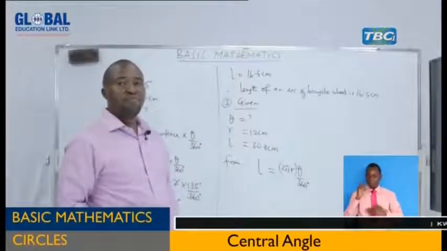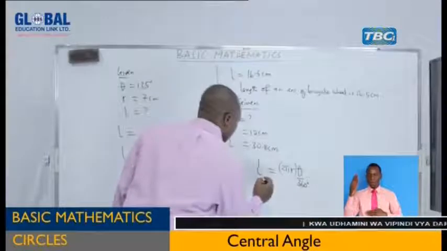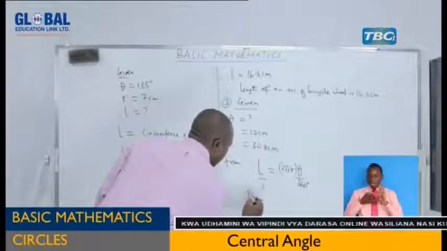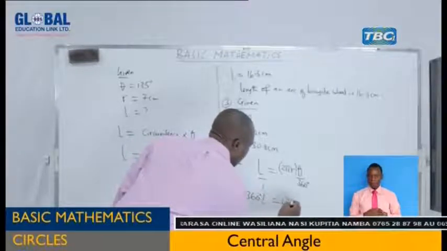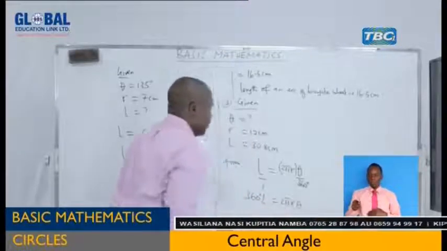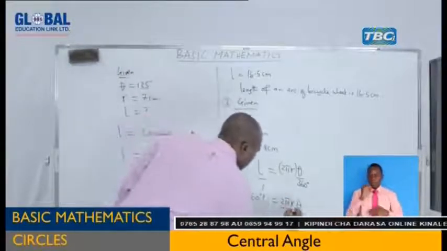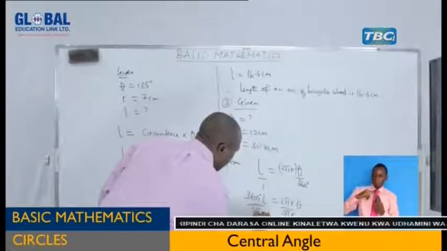So from there we can make theta the subject. So you have to do cross multiplication, that is 360L is equal to 2 pi r theta. So to make theta the subject, you divide by 2 pi r.